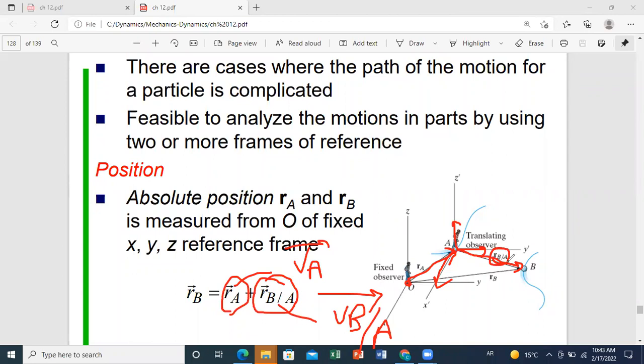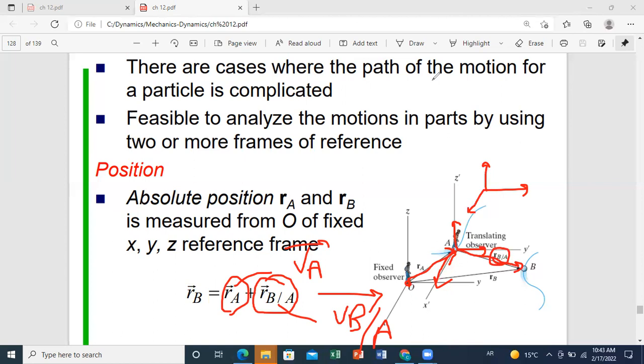This is why, to not have complex derivation, I consider a translating frame. So i, j, k will remain parallel to themselves, and I just have to derive the RB relative to A, without considering the derivative of i, j, and k.